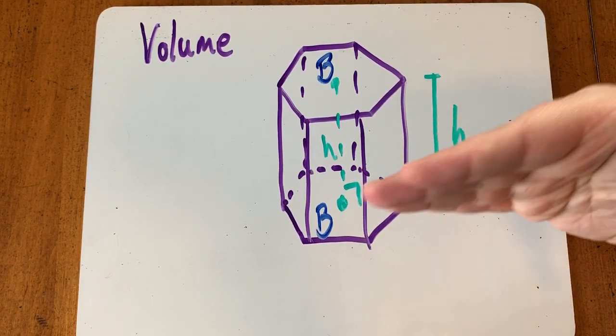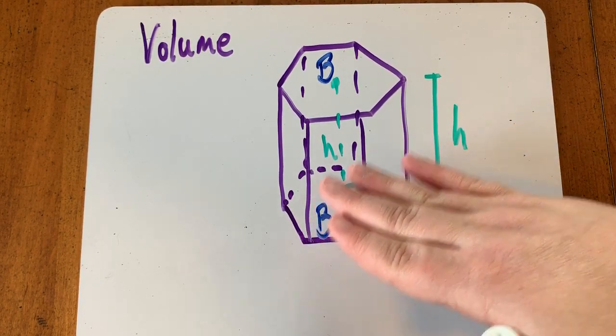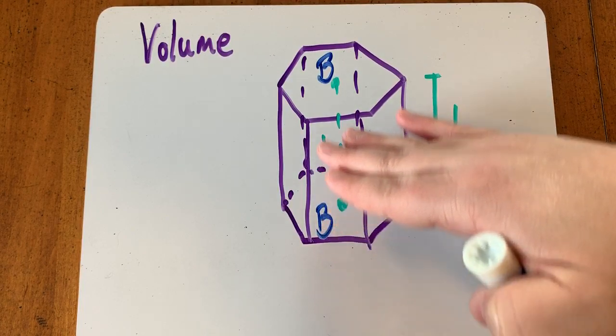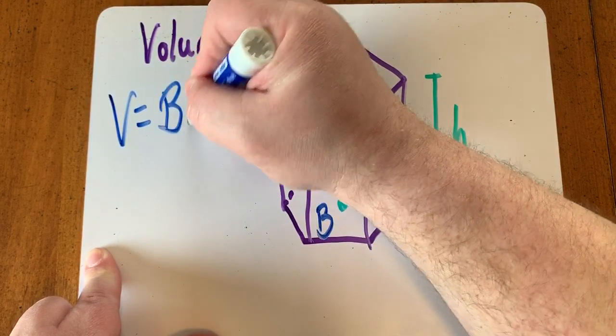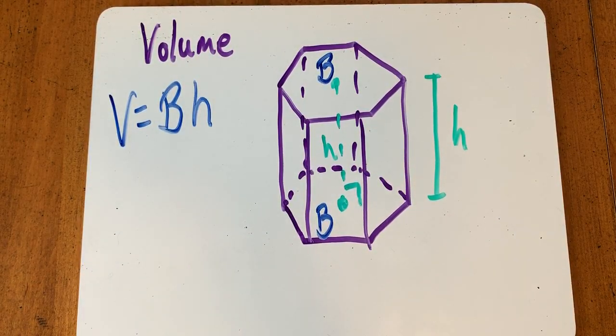So essentially we're having this base occupy from 0 all the way to h. The volume of a prism is the area of the base times the height. That's all it is.